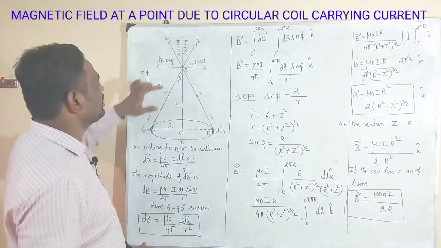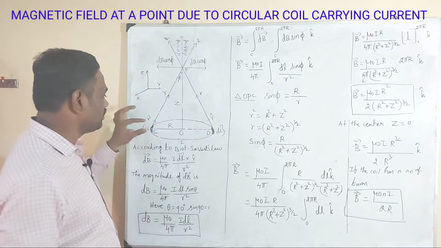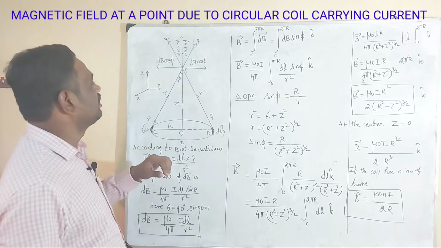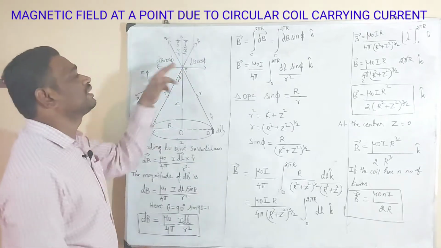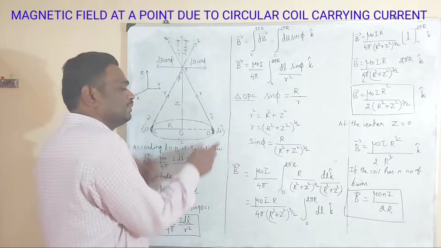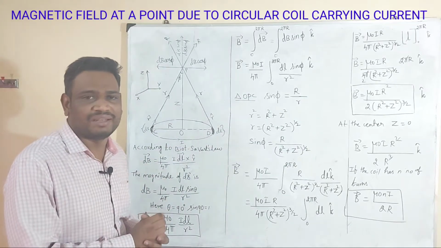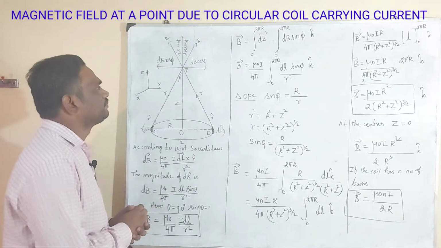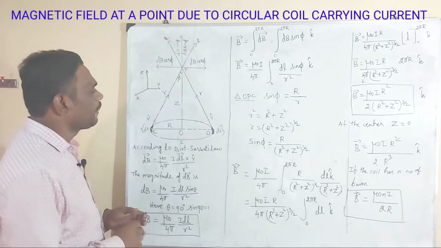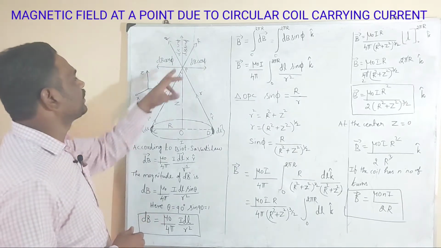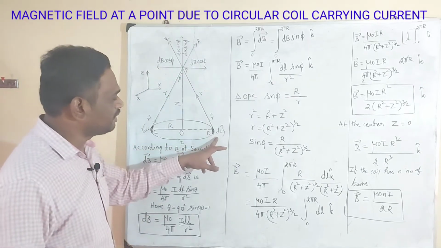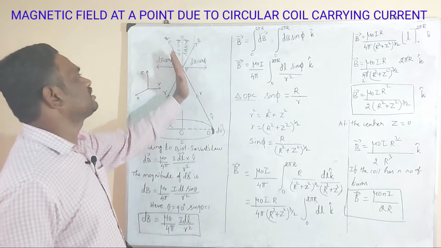First I am going to find the magnetic field at the point P due to this small element, and then I am going to find the magnetic field at the point P due to the entire element carrying the current.